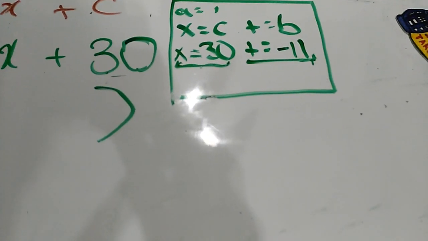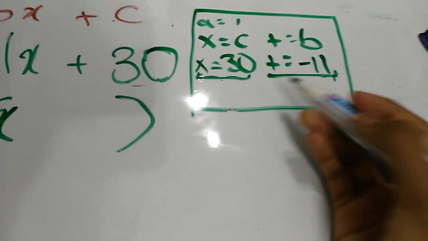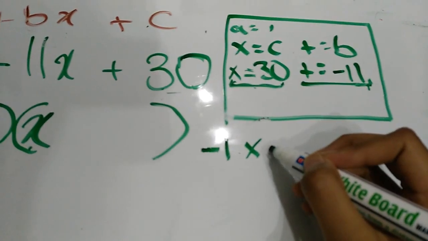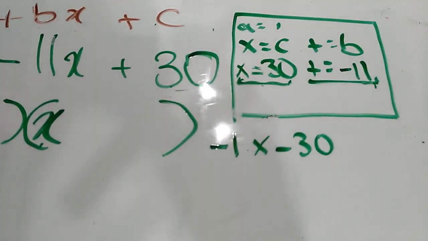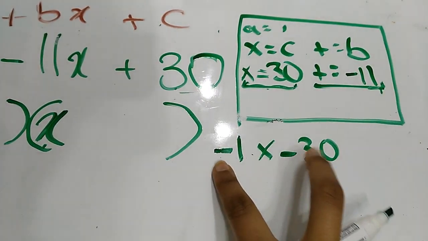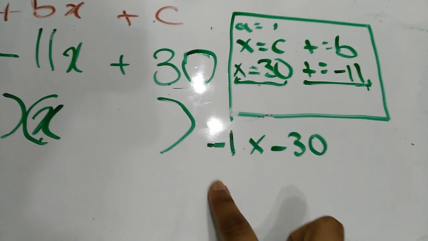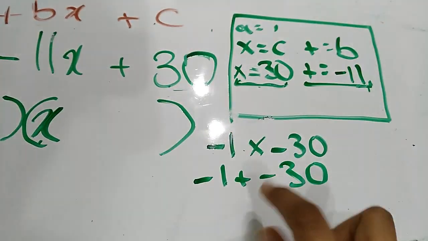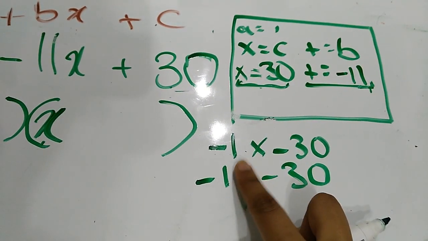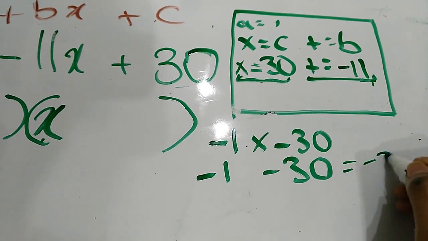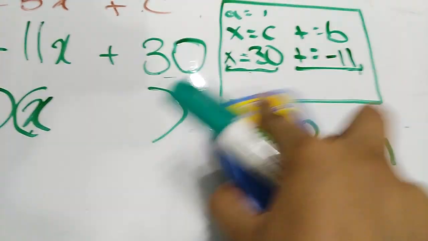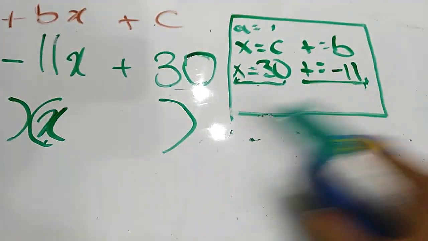The first thing I think of for my 30 could be minus 1 times minus 30. But minus 1 times minus 30 gives me 30, but minus 1 plus minus 30, which is basically minus 1 minus 30, gives me minus 31, which is so far away from minus 11, so it's not those two numbers.